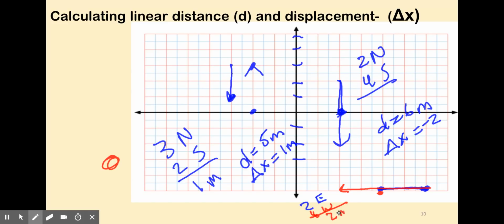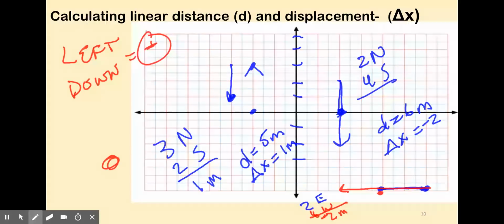I'm 2 meters from where I started, but I'm left of where I started, so -2. So left or down would be negative. If you were left or down from where you started, that should be a negative number indicating that you went back past where you started.